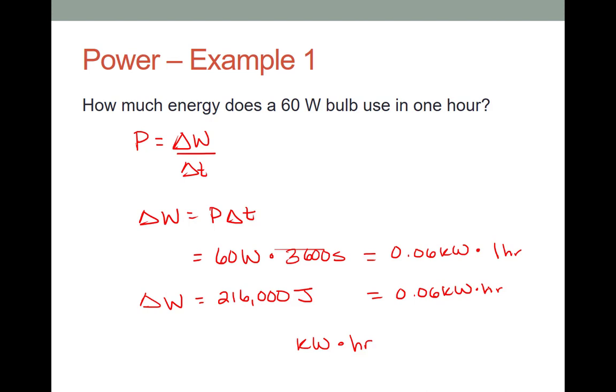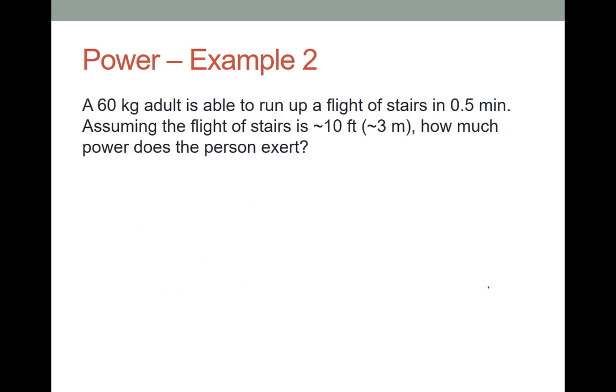For our next and final example, we're going to consider a 60 kilogram adult running up a flight of stairs in half a minute. We're going to assume that a flight of stairs is about 10 feet or about 3 meters. And we want to know, how much power does the person exert? Well, here's the thing.